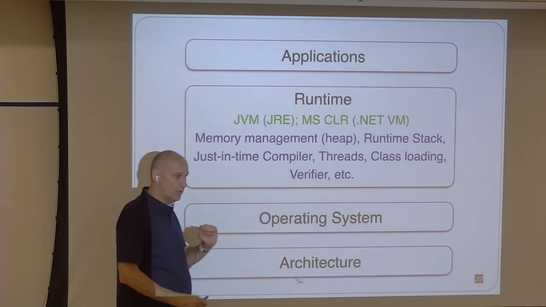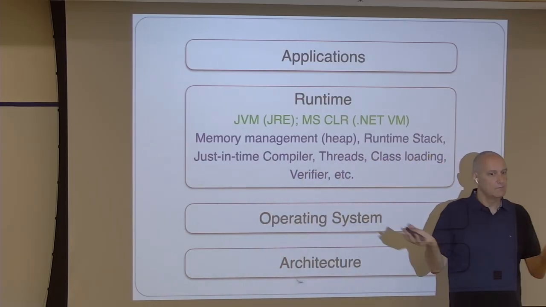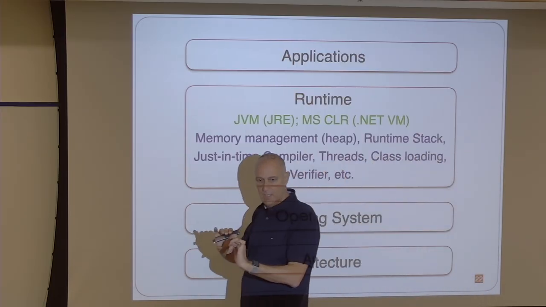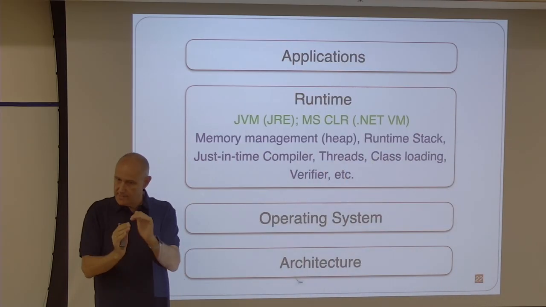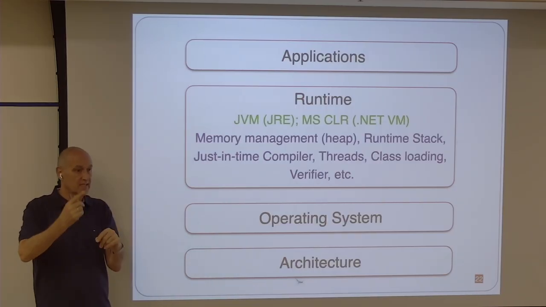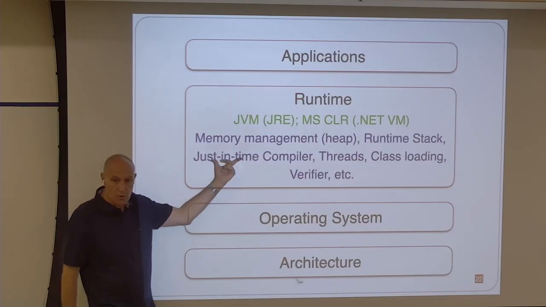If you run a Java program and you start to execute a loop and you do a million iterations, Java will stop and it will optimize the low-level code for that loop. So when you run it for the next million times, it will run a lot faster. This is called just-in-time compiler.